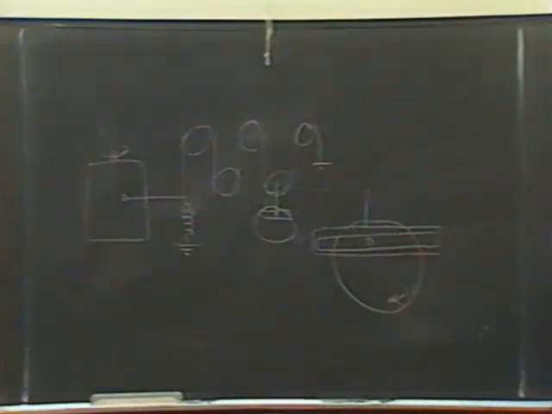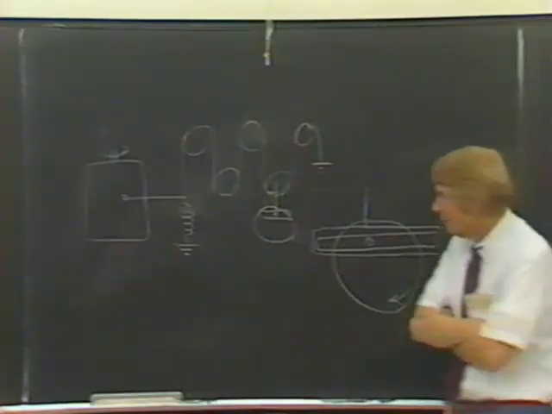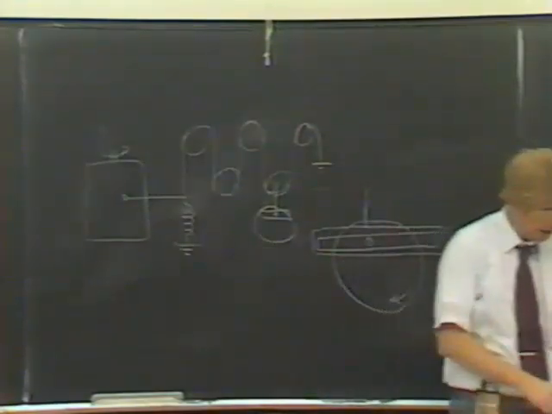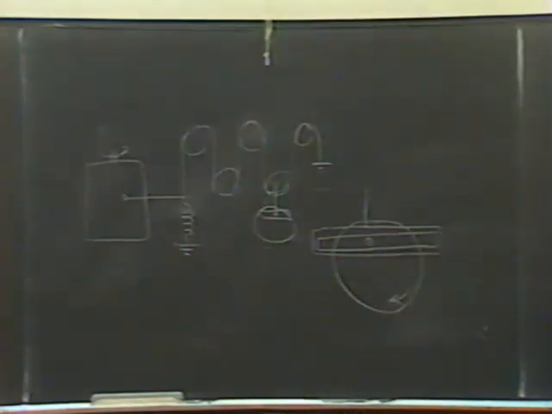Now that we have digital computers, it's hard to realize that we spent all that time doing these things. But the principle applies. They're also called harmonic analyzers, the particular ones here.